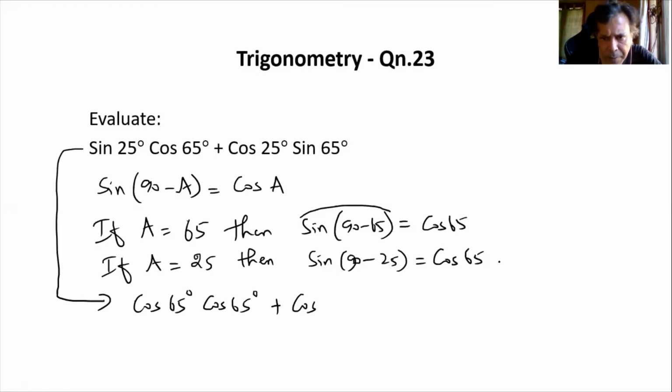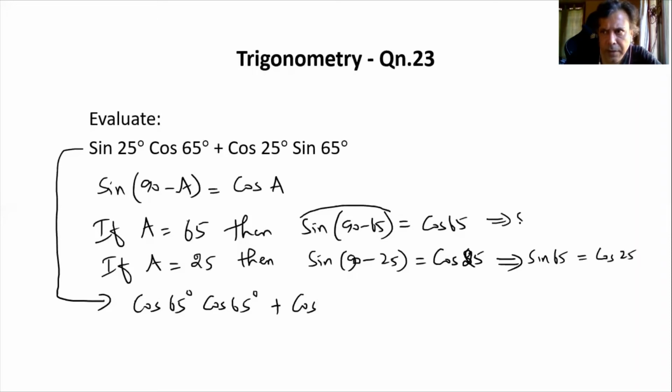What is this? Something wrong I wrote. Here I should have written 25. Sorry. So that means first one, I will write it as, this is what? This will become sine 65 is equal to cos 25.